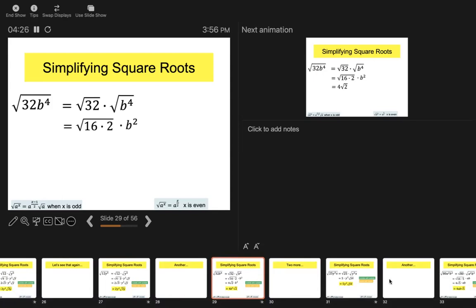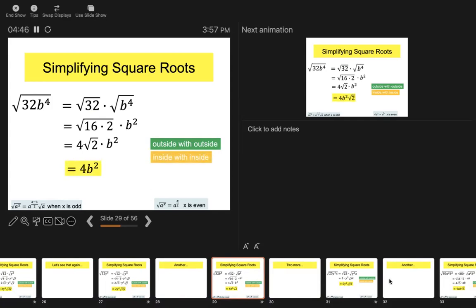The square root of 16 is 4, so we would get 4 root 2 times b squared. Outsides with outsides. Well, the outside with the first one there is 4, and the second one doesn't even have a square root symbol, so it would just be 4 times b squared. In other words, 4b squared, and there's nothing to multiply the insides with, so it would just be the square root of 2. All right, that one was pretty easy.